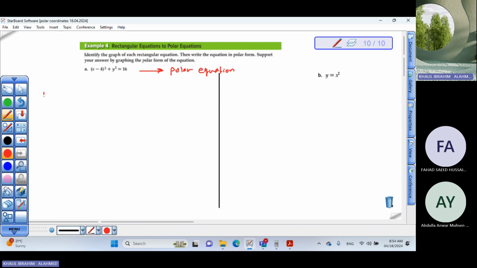Step 1. Replace each x by what? x is equal to r cosine theta. Did you remember that? Also, y equals r sine theta.